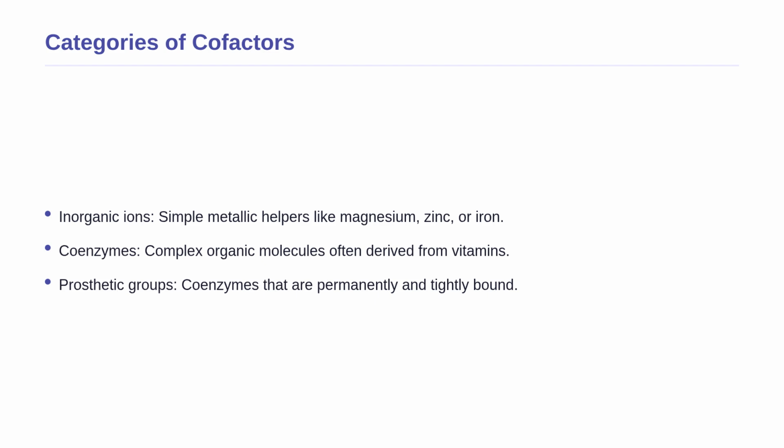Interestingly, these coenzymes are very often derived from the vitamins in our diet. Furthermore, there's a special subcategory. If a coenzyme is tightly or covalently bound to the enzyme on a permanent basis, we give it a specific name. We call it a prosthetic group. Each type plays a unique role in cellular chemistry.